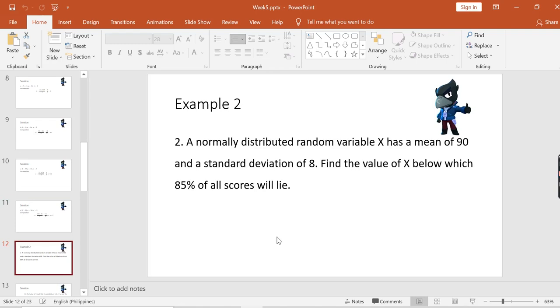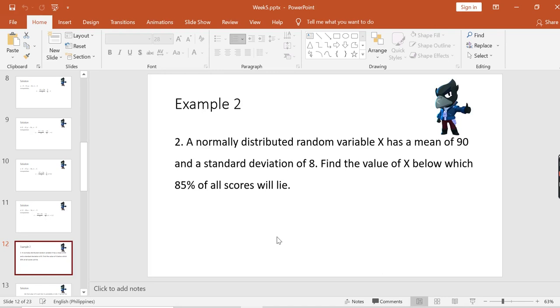Alright, that's the end of the example for converting an x score to a z score. Now, let's explore a different example, the application of that. For example number 2, imagine you have a normally distributed random variable x that has a mean of 90 and a standard deviation of 8.